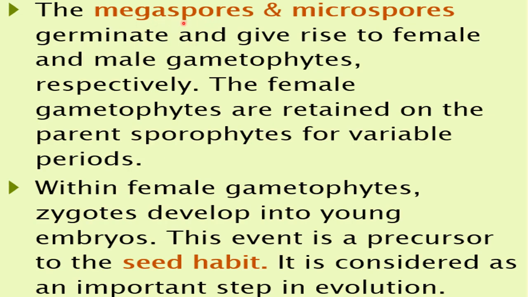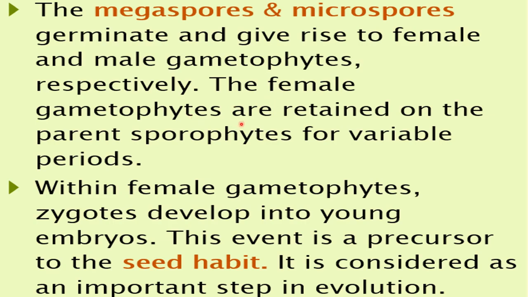So when the megaspores germinate, they will form the female gametophyte, and the microspores after germination will give rise to the male gametophyte. Okay, so these two gametophytes will be formed from two different spores, right? Female gametophyte from the megaspores and male gametophyte from the microspores.